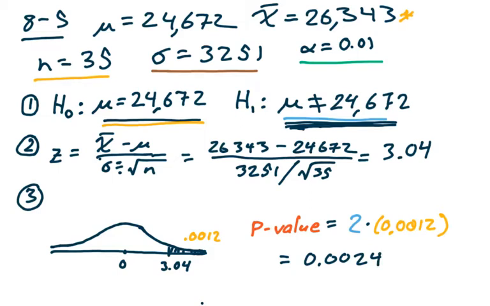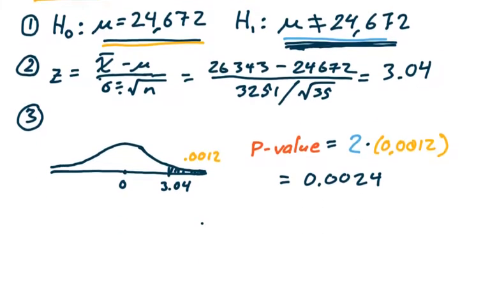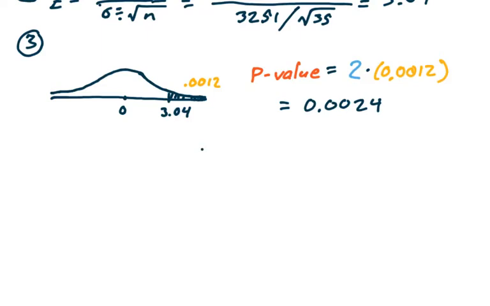Okay, and now, how do we interpret this result in order to make the decision? Scroll up a little bit. Step 4 is we're going to be making the decision. And how do we make our decision? So our p-value is 0.0024.